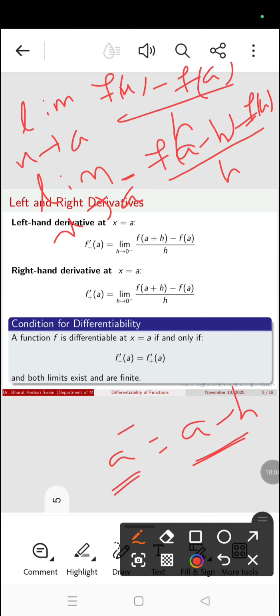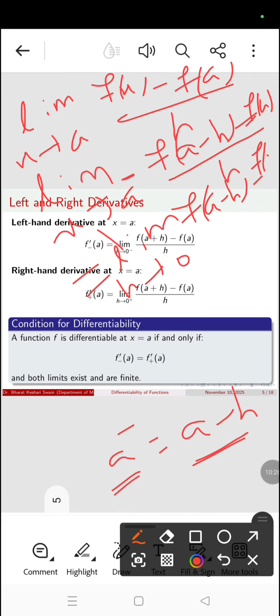So this is your left hand derivative: limit h tends to 0, f of a minus h minus f of a, divided by minus h.